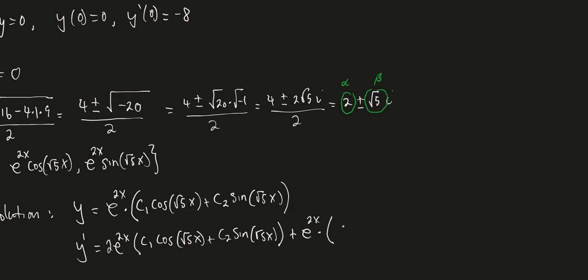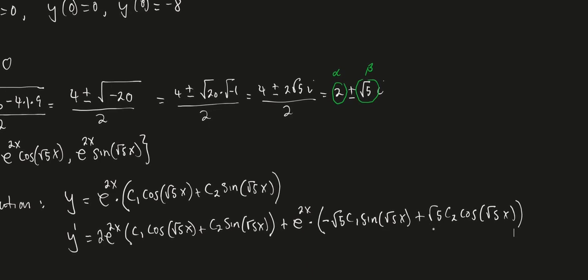So I end up getting this, negative root 5 c1 sine of root 5x. And similarly, when I differentiate sine, I'm going to get cosine, but again I have to multiply by the derivative of the inner. So I'll have root 5 c2 cosine of root 5x. So that's my first derivative.